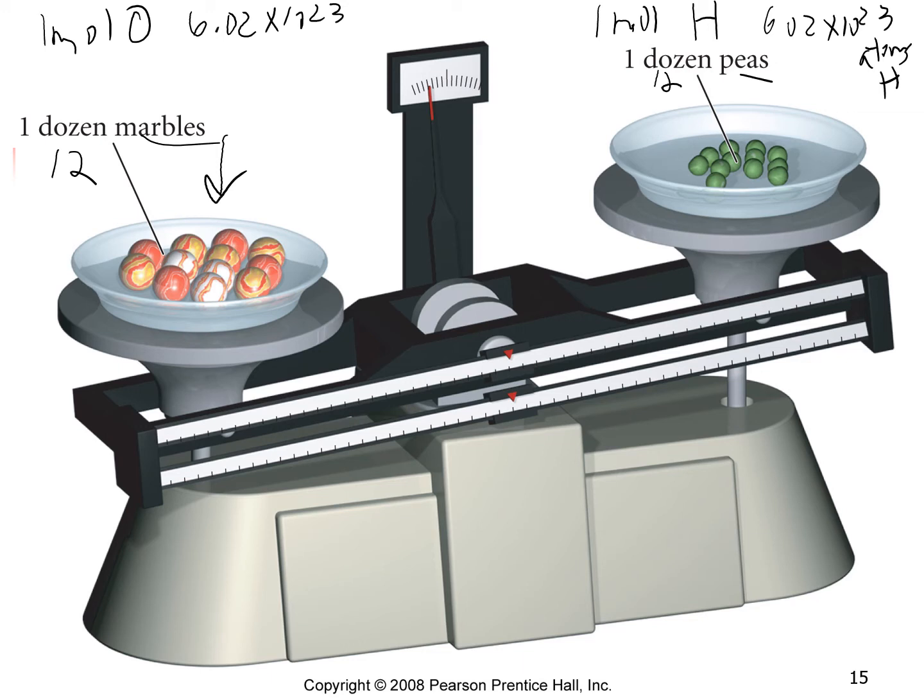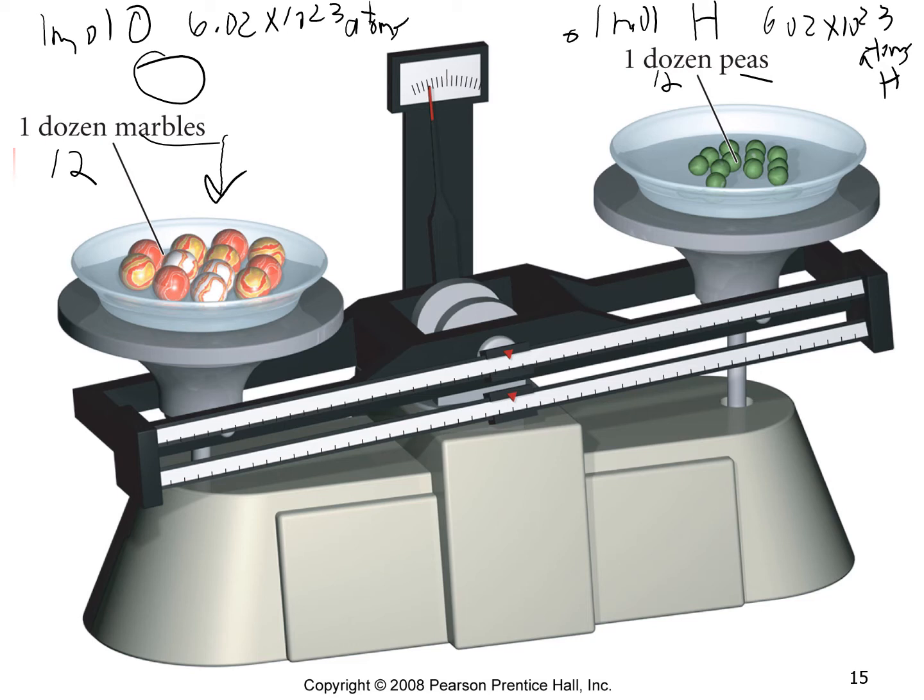It's our chemist definition of a dozen, versus our regular dozen: 1 dozen is 12, 1 mole is 6.02 times 10 to the 23rd, in this case, atoms. So which one's going to be heavier? So we know an oxygen atom is much larger compared to a hydrogen atom. So they're going to have different masses.